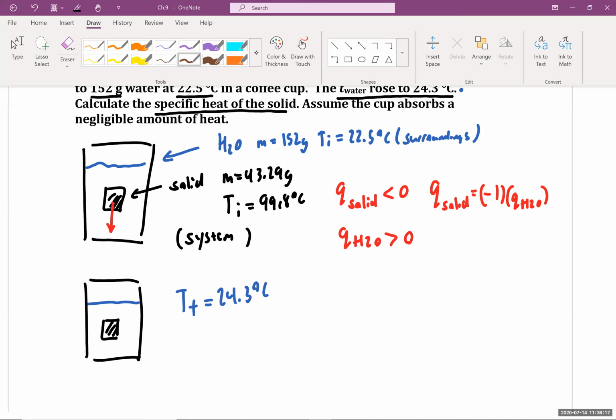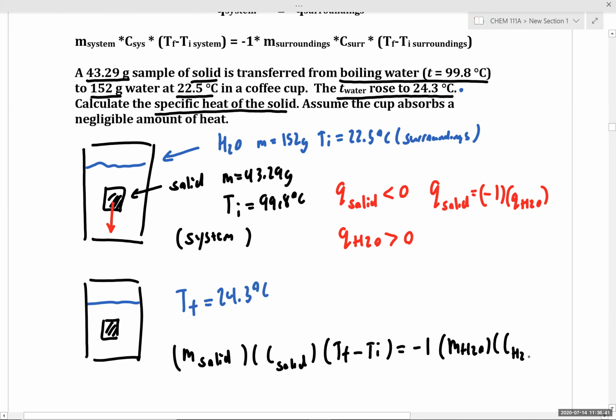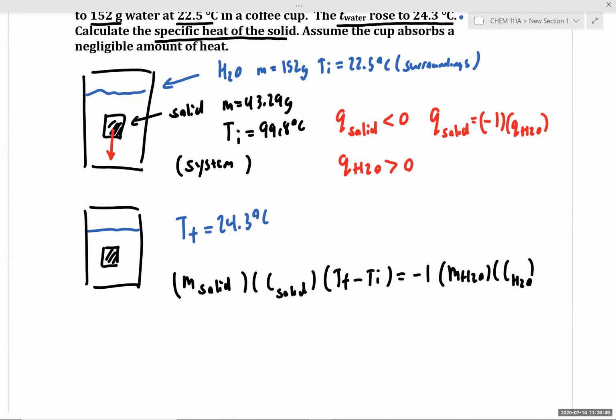So we know that the mass of our solid times the specific heat of our solid times T final minus T initial is equal to -1 times the mass of our water, which is our surroundings, times the specific heat of water times the change in temperature of water.